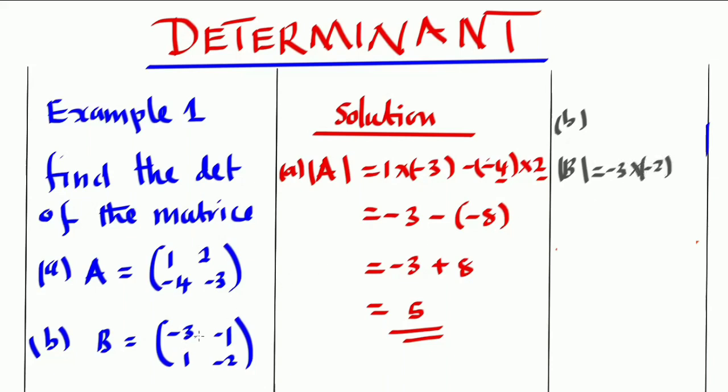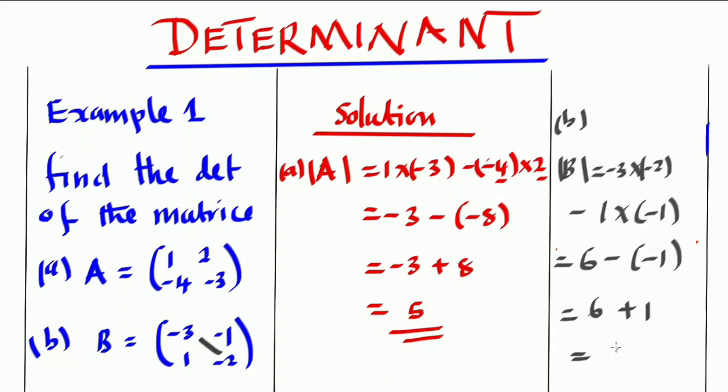Remember to put it inside the bracket. So -3 times -2, and then minus 1 times -1. -2 times -3 will give us +6. Then here minus -1, because 1 times -1 will just be -1. So this negative and negative will definitely give us a positive, and our solution will be equal to 7. So the determinant here for B is 7.